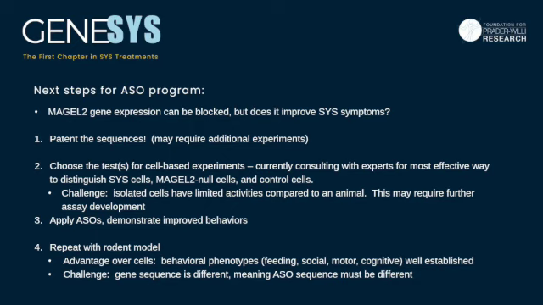But in order to prove the hypothesis that blocking MAGEL2 expression improves the symptoms, we are still designing the experiments for that. And so we don't have a quote or a timeline yet, but this is how it's going to go.